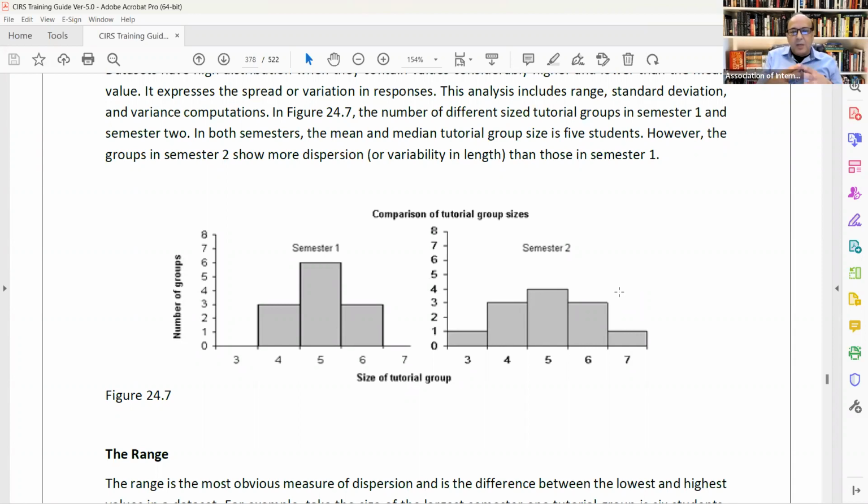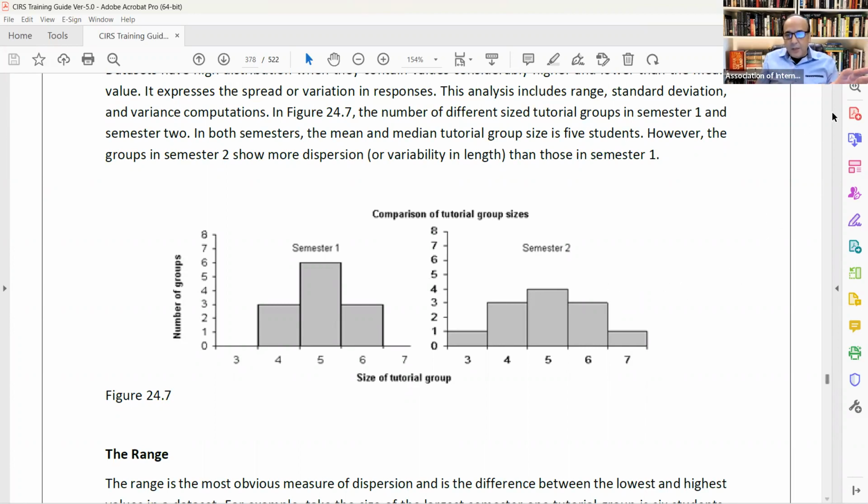But because dispersion is explained here in the simplest way, the chart would mean that in the exam, they would ask, what does it represent? Is it dispersion, variance? What is it that it is talking about?